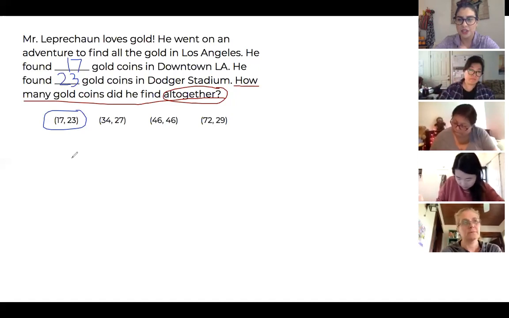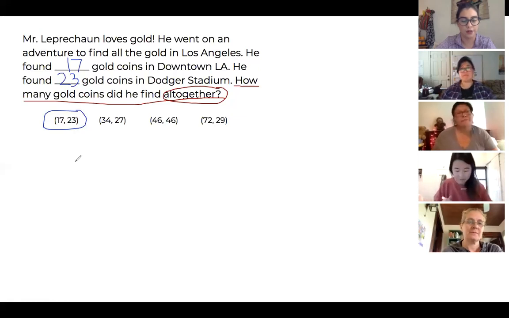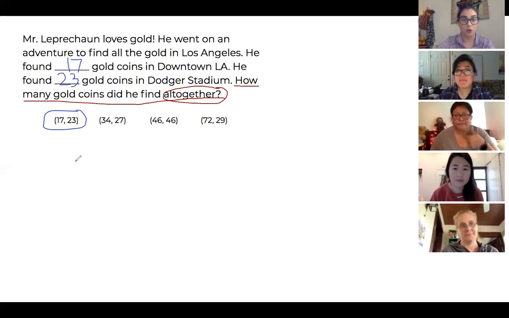All right. Do we have any ideas of how we can solve it together? I know we have different strategies like counting on or counting back, number line strategy, tens and ones maybe, or maybe there's a new strategy we can come up with.